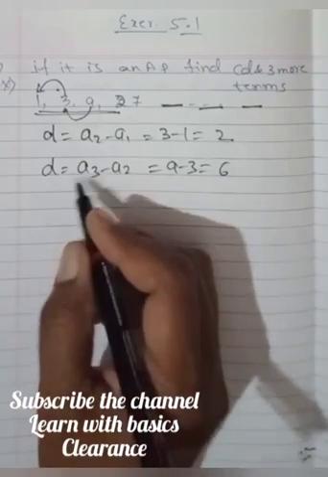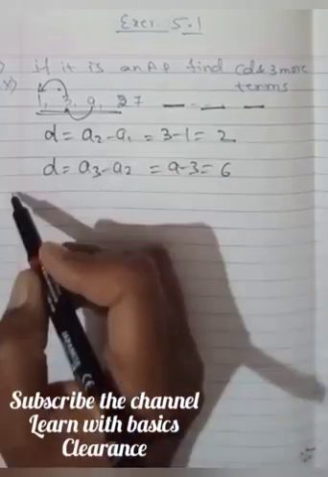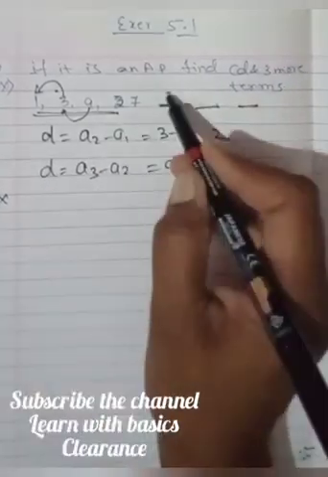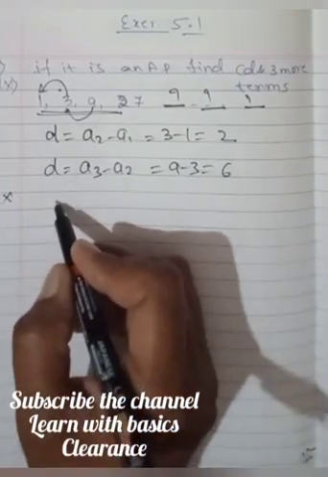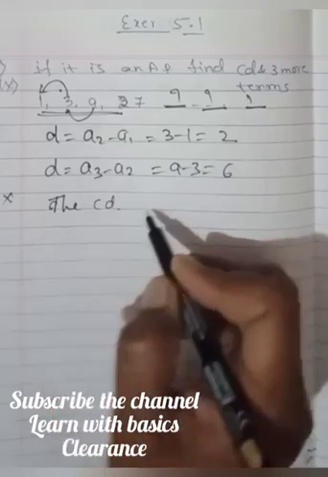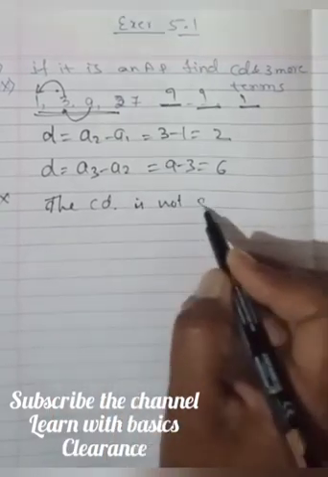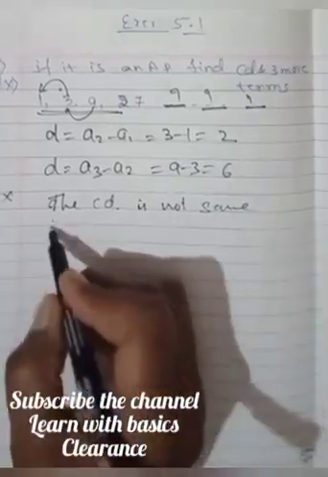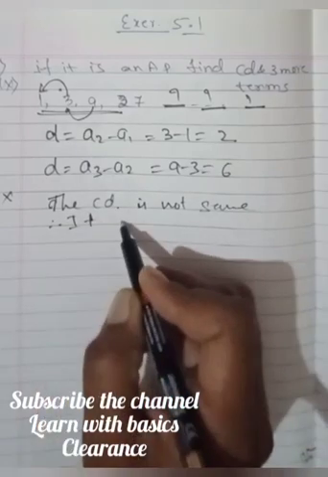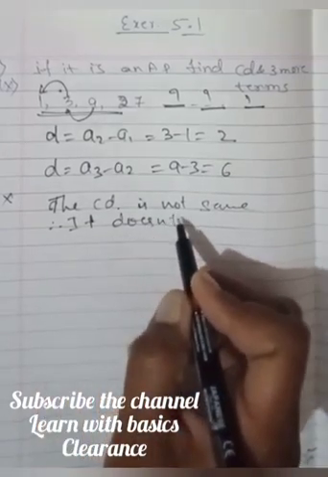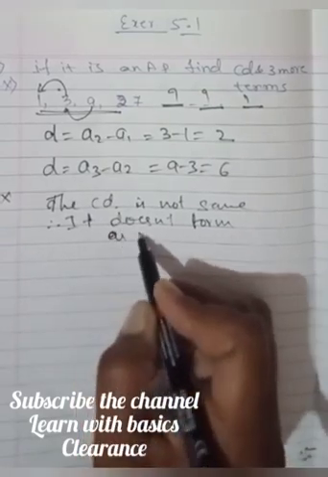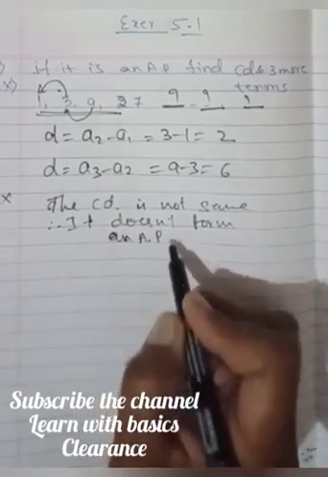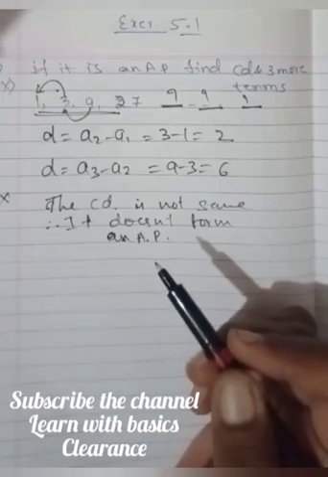See here, the difference is not same, therefore this doesn't form an AP, and no question arises of finding the next three terms. You are going to say here the common difference is not same or not equal, therefore it doesn't form an AP. You can write this one. Okay, form an AP, write it systematically. This is what the solution of this one.